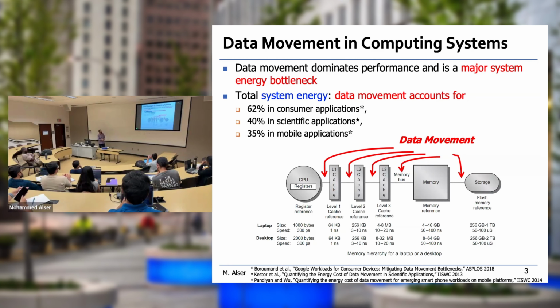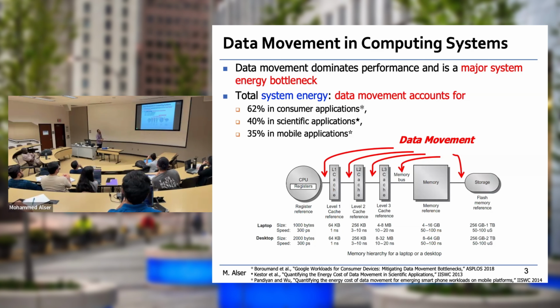If we look at some of the analysis, there are a lot of papers, so you'll see a lot of different numbers depending on the application. But one very important one tried to analyze the Google workload in Google data centers, including Chrome browsing, YouTube, advertisement, Gmail, and so on.